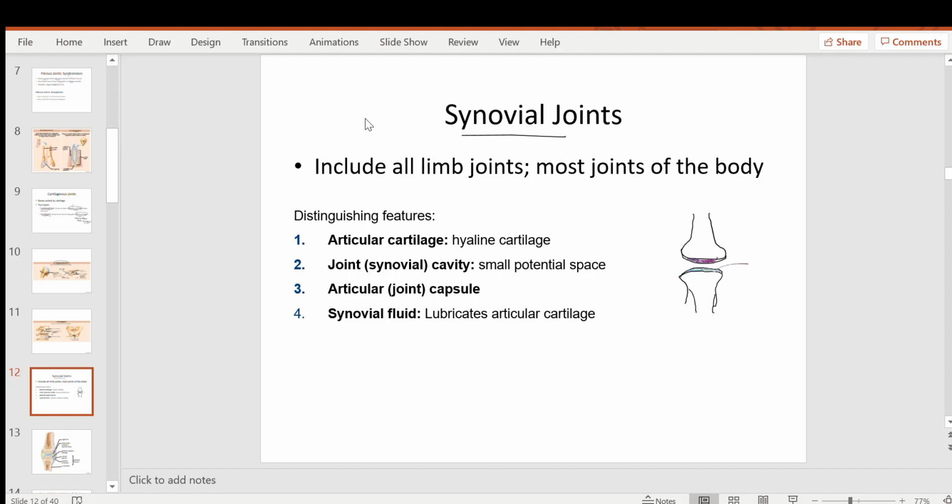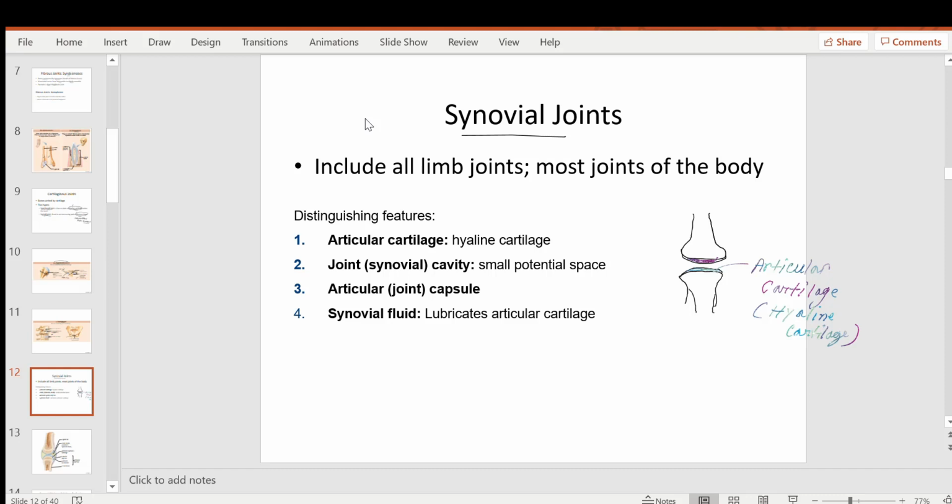The ends of the bones are covered by hyaline cartilage, and this cartilage is called articular cartilage. What kind of cartilage? It is a hyaline cartilage.